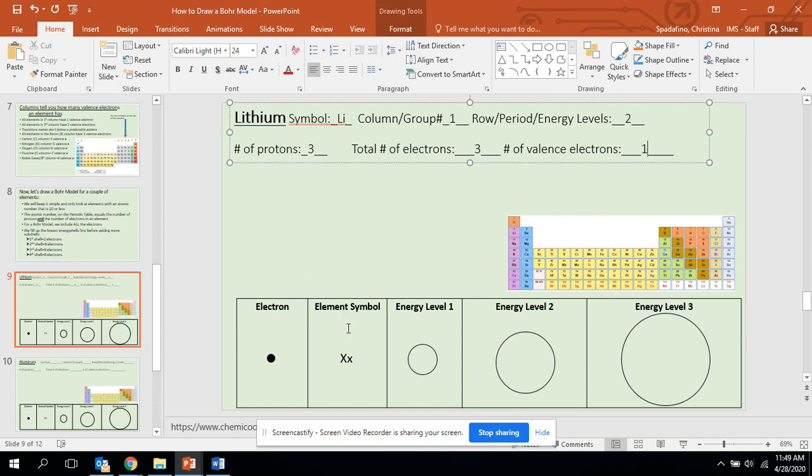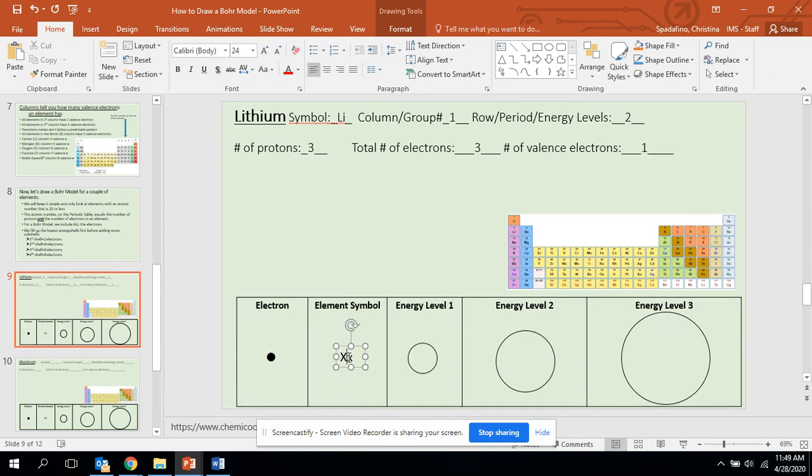I hope so. So our element symbol, I'm going to start with this guy, and I'm going to move this up. And within this, Li.